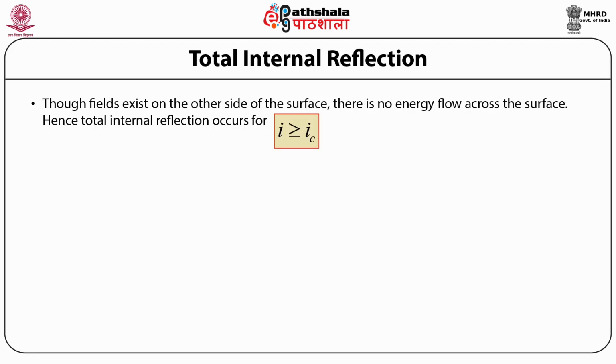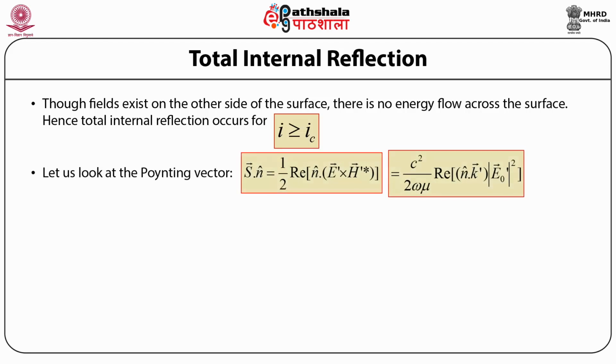And this can also be seen from the fact that, let us look at the Poynting's vector. If we take the dot product of the Poynting's vector with the unit normal n cap, then this is equal to half of the real part of the dot product of n cap with the cross product of the electric field of the refracted wave and the complex conjugate of the magnetic field of the refracted wave.